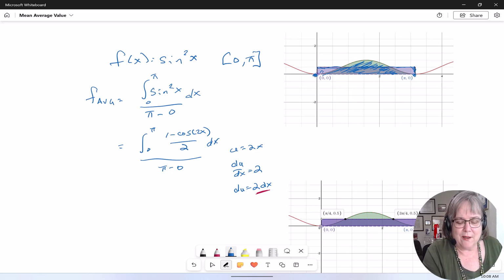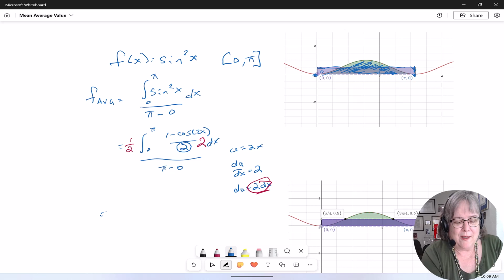So I need a 2 right here, and to acquire that 2, that's fine as long as I undo it by putting the 1/2 that's outside, right? So technically, I've made it of this form, but I haven't changed the value of the entire fraction part because I multiplied by 1/2.